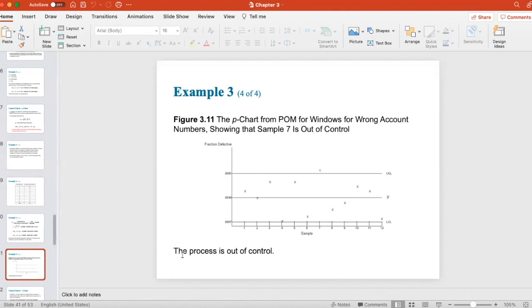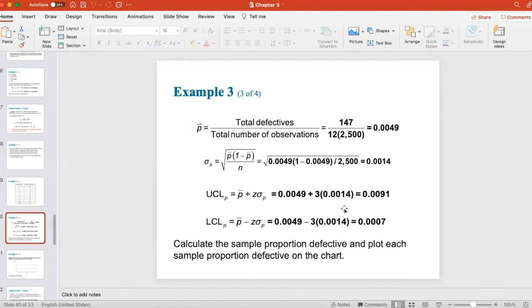So if you get an LCL which is a negative value, for example negative 0.0007, you need to normalize it to 0, okay? This rule is valid for all charts. Keep in mind, no matter UCL or LCL, it has to be non-negative.